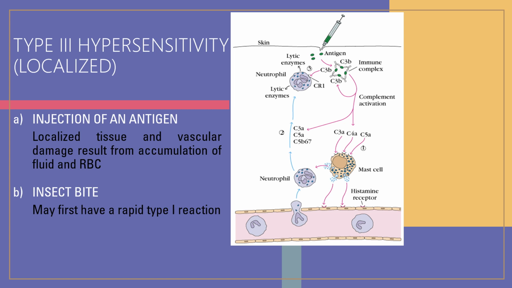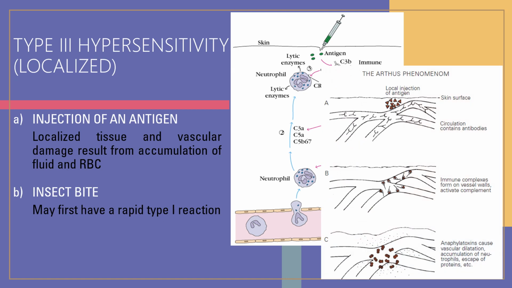And the immune complex will be detected by a mediator cell or will cause complement activation. So when we say localized, we can have an example of the Arthus phenomenon or the Arthus reaction.